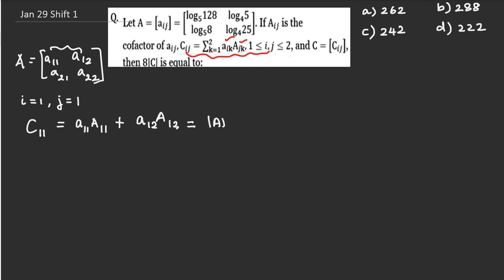Next let us take i equal to 1 and j equal to 2. k can be taken as in the previous step, k equal to 1 first and then 2.